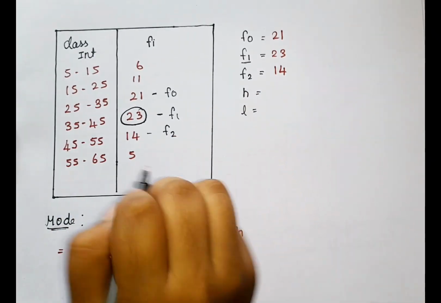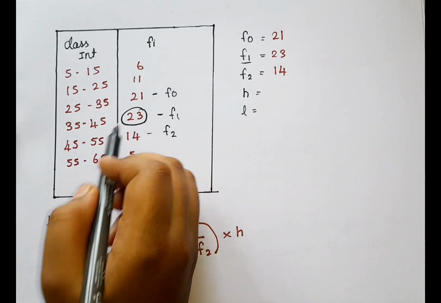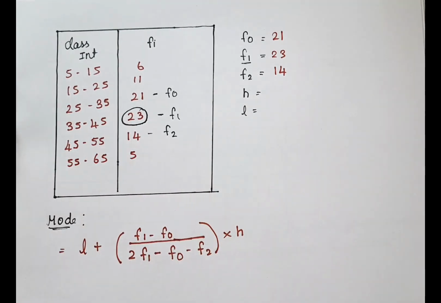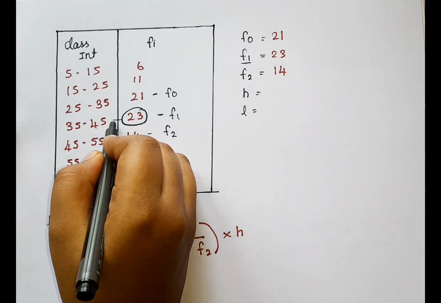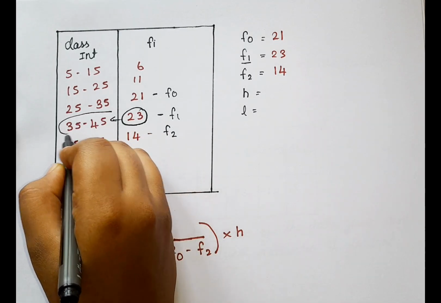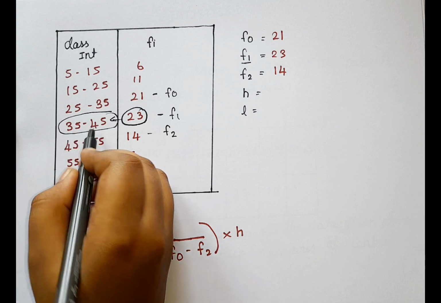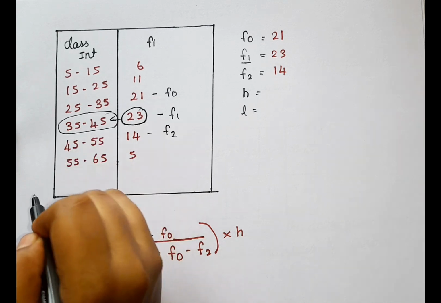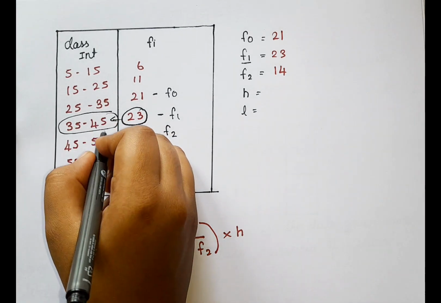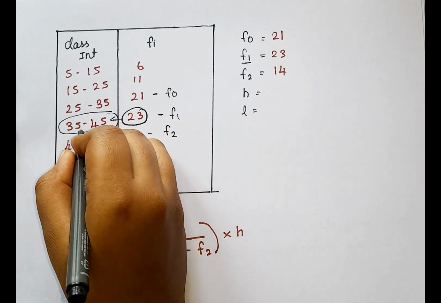Now let us find L. This is the maximum value in this frequency, so when you come straight across, we have the class 35 to 45. Which one is the upper limit and which is the lower limit?